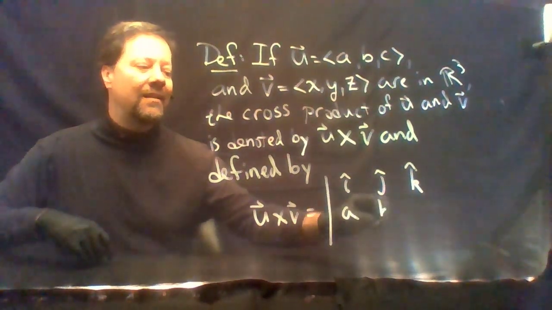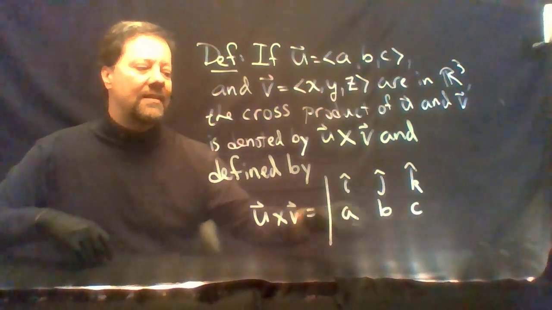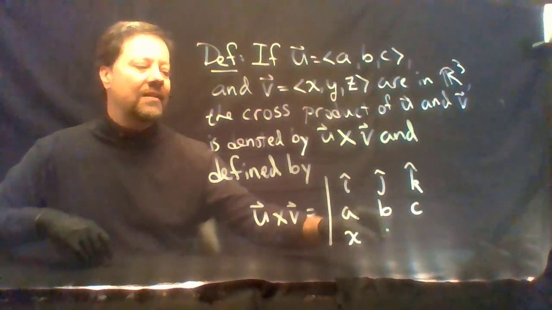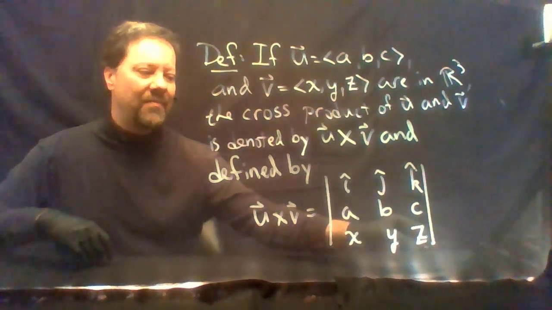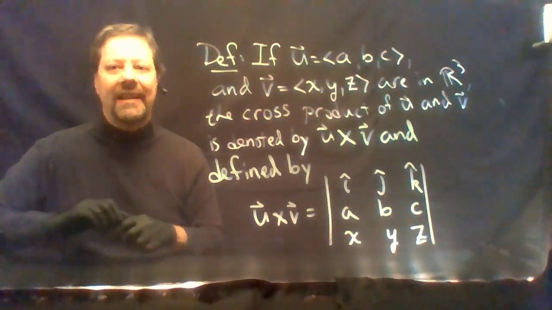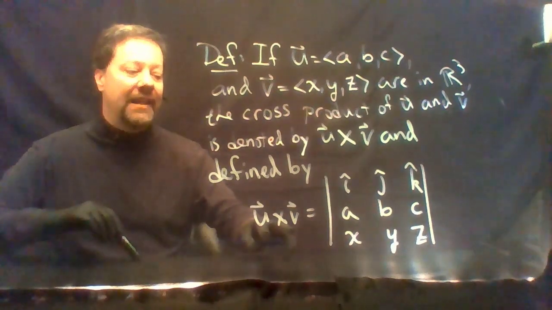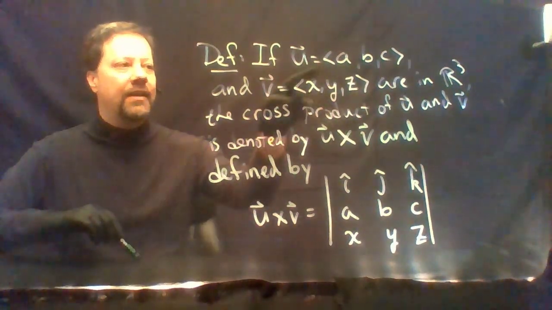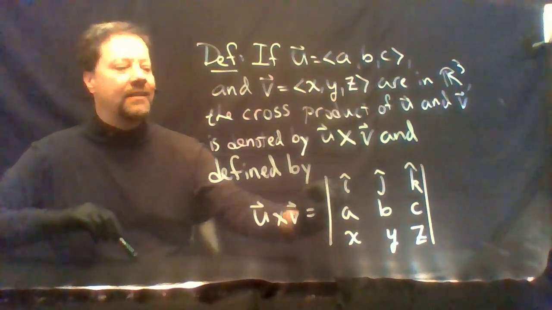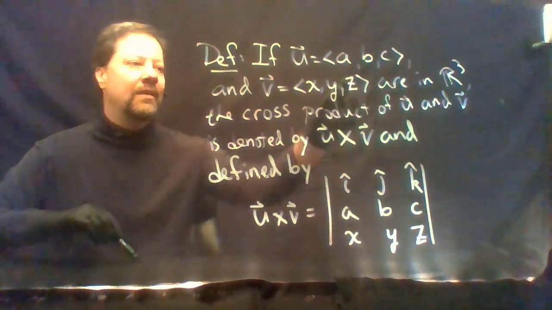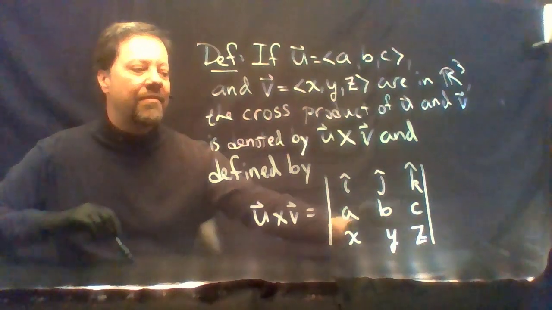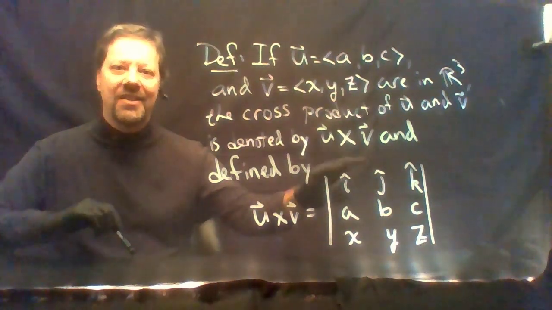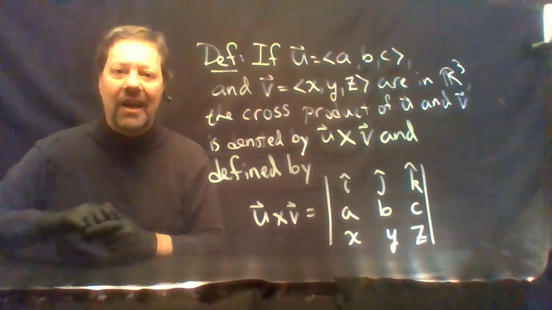Then a, b, c, x, y, and z. So when you're calculating the cross product of vectors u and v, you put the coordinates of the first vector in the product in the second row, and the coordinates of the second vector in the product in the third row. i, j, and k will occupy the first row.